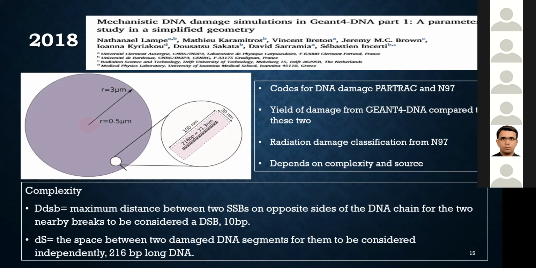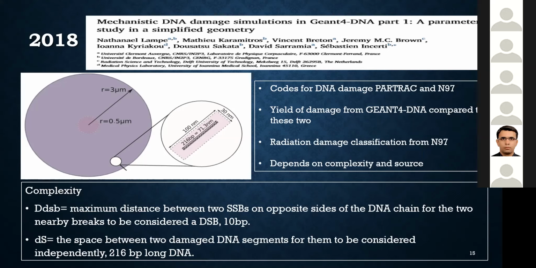In fact, the purpose of this article was to create this simplified geometry, but at the same time compare its results of DNA damage with the results obtained by these two other codes. So we are validating Geant4-DNA not only with experimental data, but with other codes.